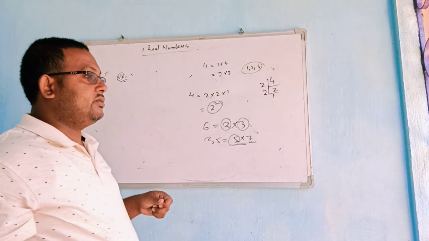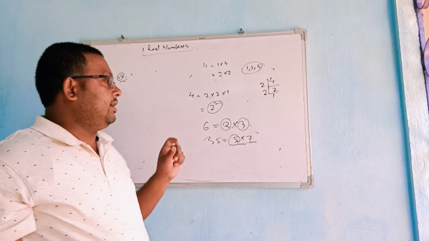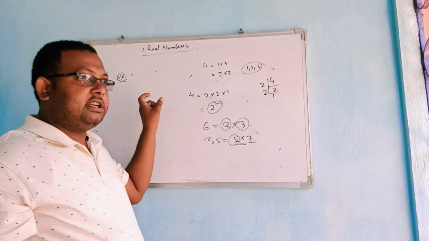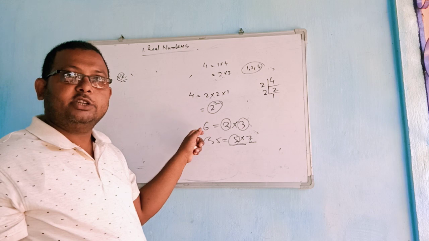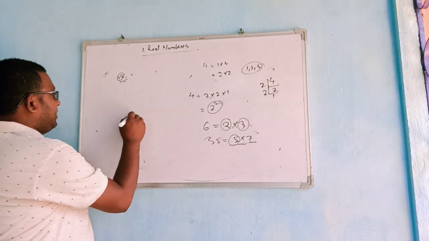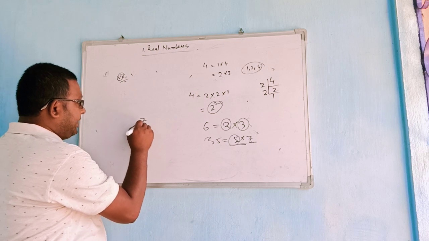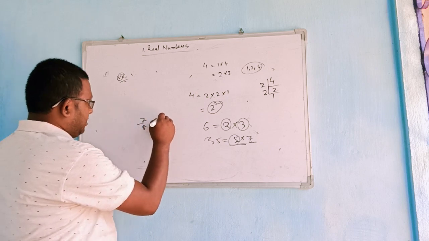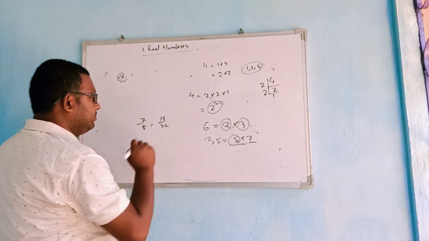Now the next topic is how to identify whether this type of rational number is a terminating decimal expansion or a non-terminating decimal expansion. Suppose we take one example, 7 by 8 or 13 by 32.